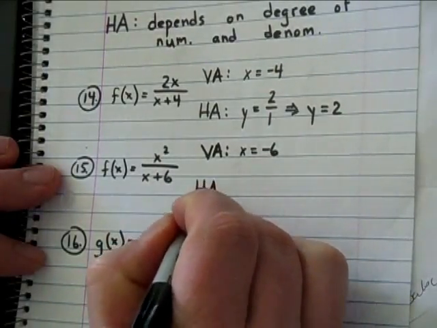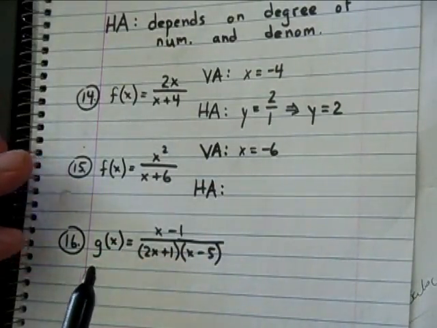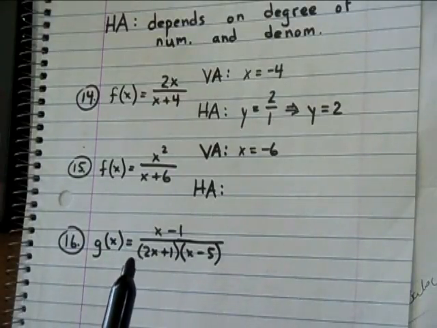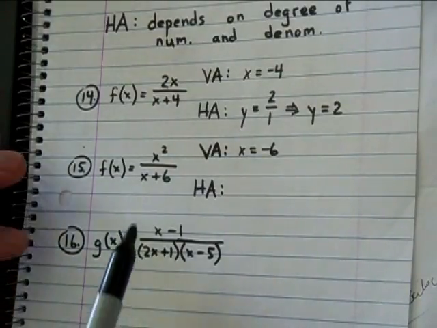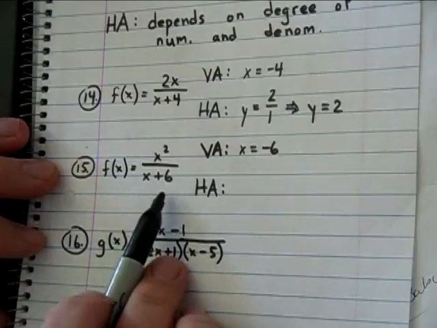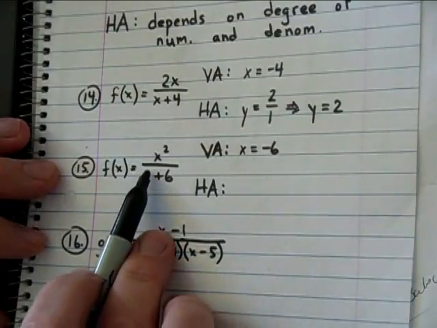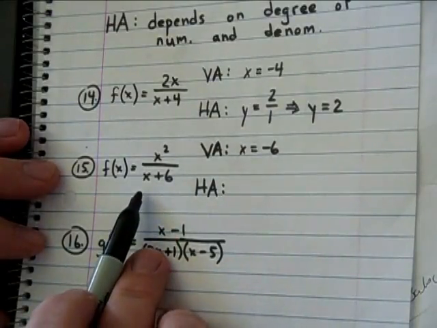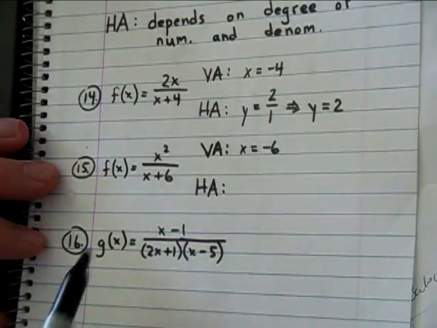For the horizontal asymptote, we once again want to look at the degree of the numerator as opposed to the degree of the denominator. Well, the numerator has x to the second power, so it's a degree 2 numerator, and the denominator has a degree 1 because x's largest power is the first power.